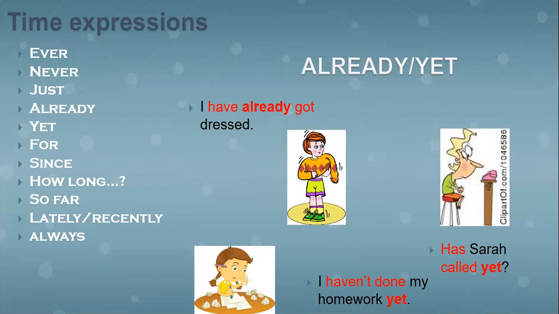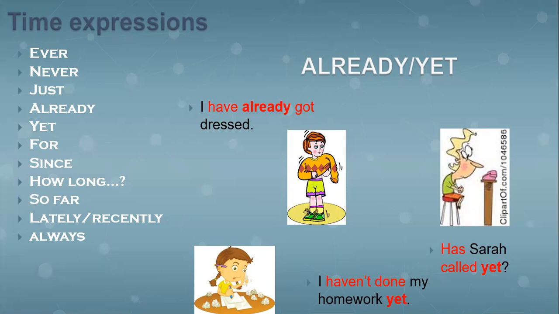Okay? And then we have yet. Yet means didn't happen. So we use the yet time expression in two situations, in the question form and in the negative form. Like I tell you, have you studied your English lesson yet? So this is a question.